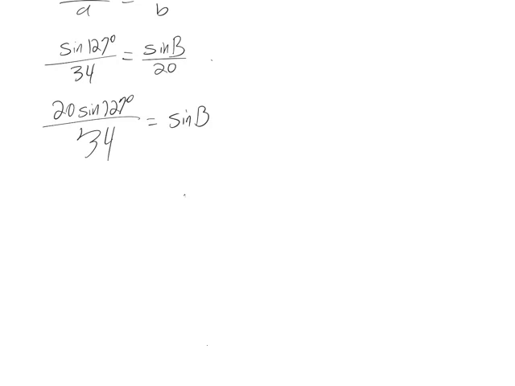Now it seems a little small, but 127 is a pretty big angle, so I'm not terribly surprised that it's pretty small. And then what we're going to see is that the third angle is even smaller than that, because we saved the smallest one for last.